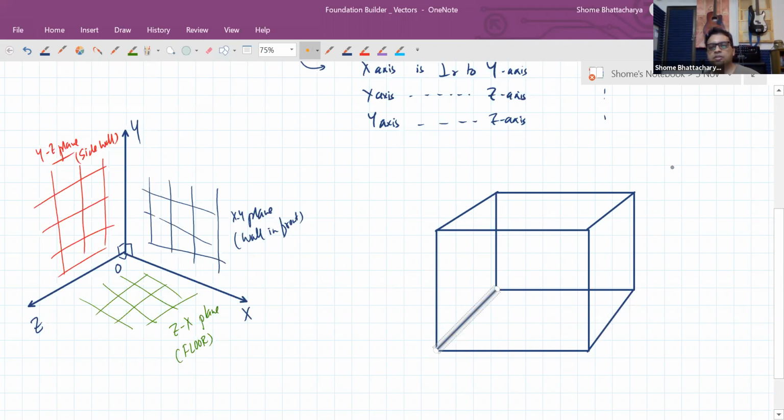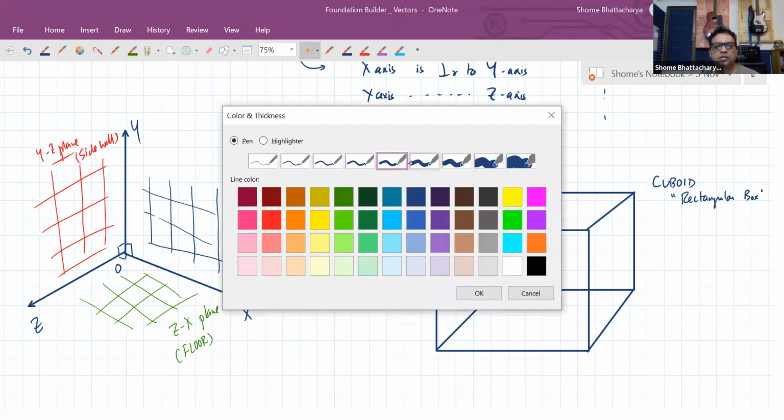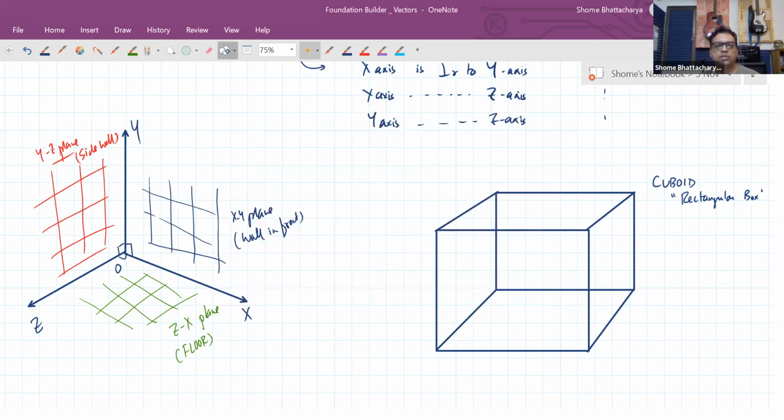Okay. So just think of this like a cuboid or a rectangular box. So any face is perpendicular to the other face. Now within this rectangular box, you take any one corner as your origin and draw the axes along the edges.